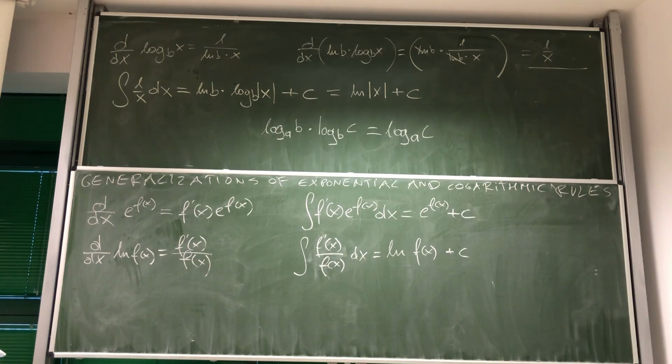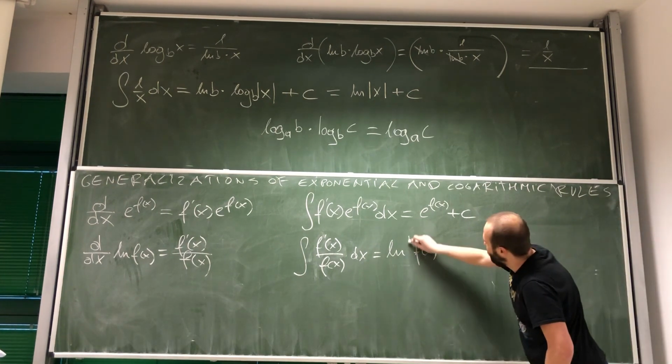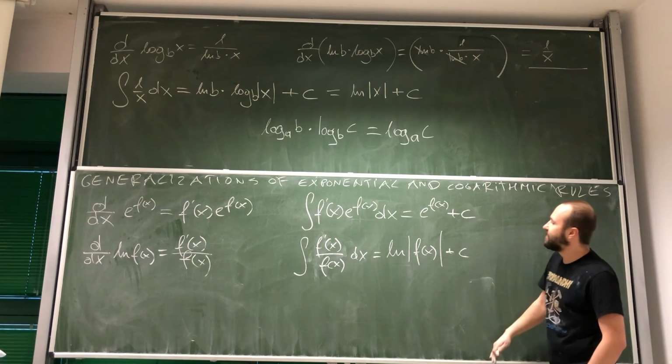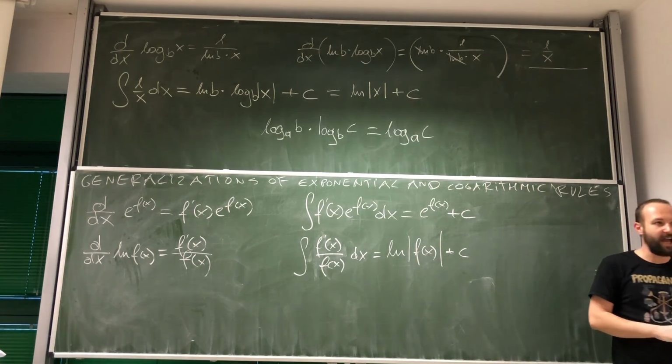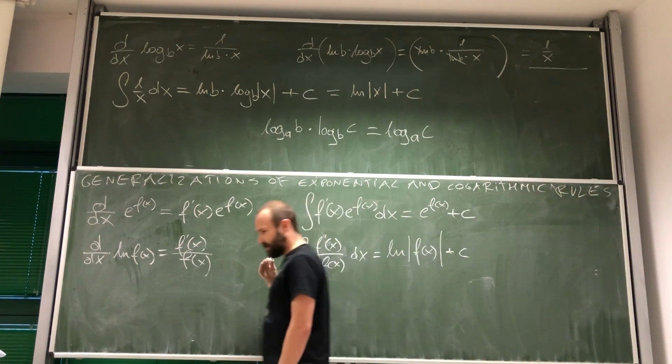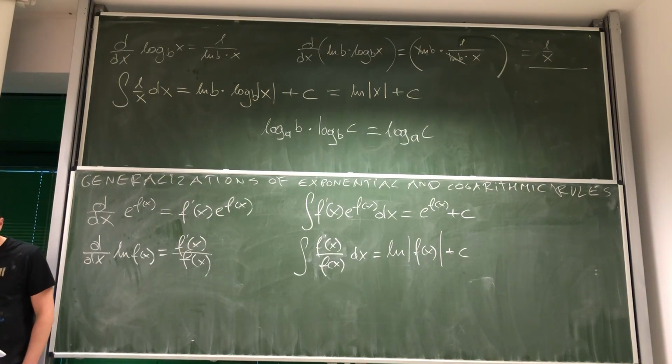But remember, in this case, just like in the previous situation, we either need to impose absolute value or explicitly assume that f of x is bigger than 0, which in various economic and financial applications is rather regular.